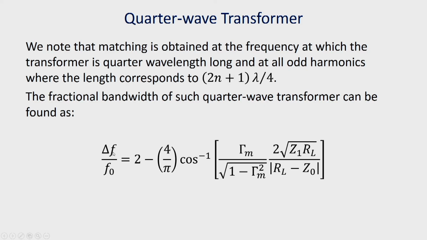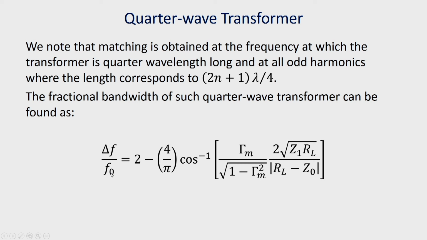Now, as I have told, the length of the quarter wave transformer is exactly lambda by 4 only at the operating frequency f naught. At other frequencies, f greater than f naught or less than f naught, this length will not be exactly lambda by 4, and there will be some amount of mismatch, and we can calculate the fractional bandwidth, which is defined by delta f by f naught.